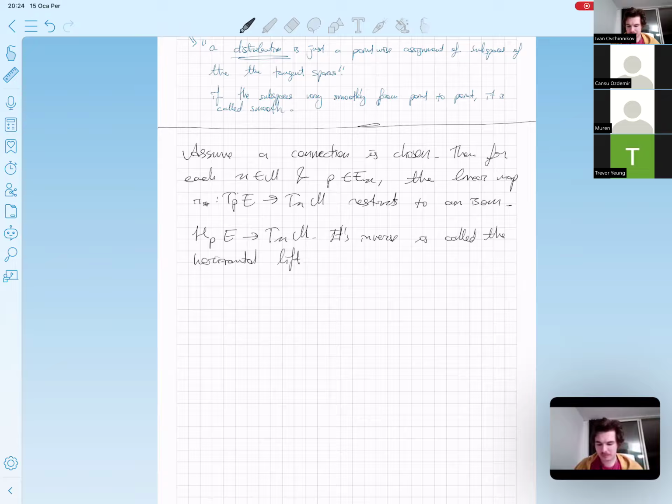Actually, we're constructing the toolkit a little bit more. We know this map from the proposition.